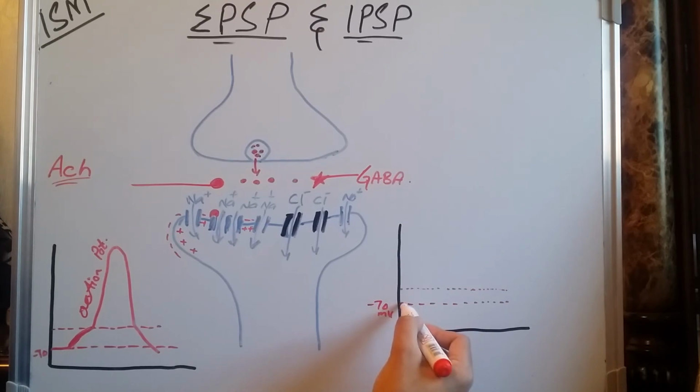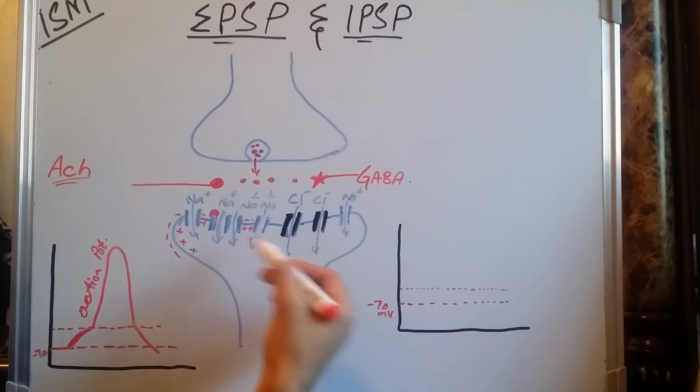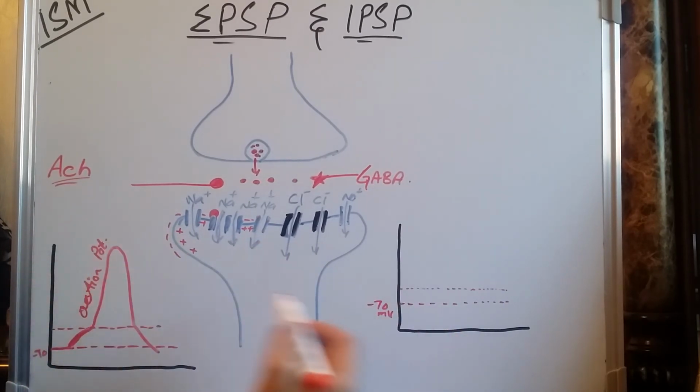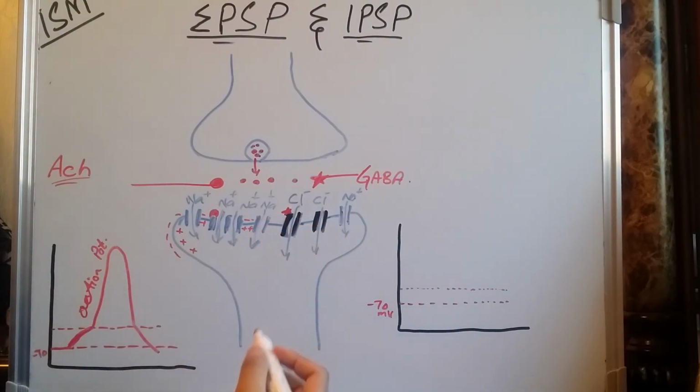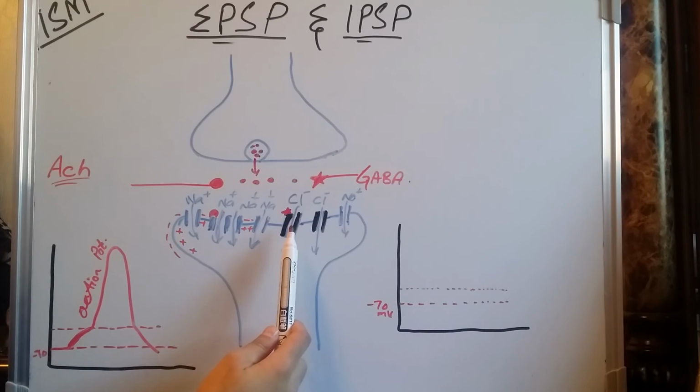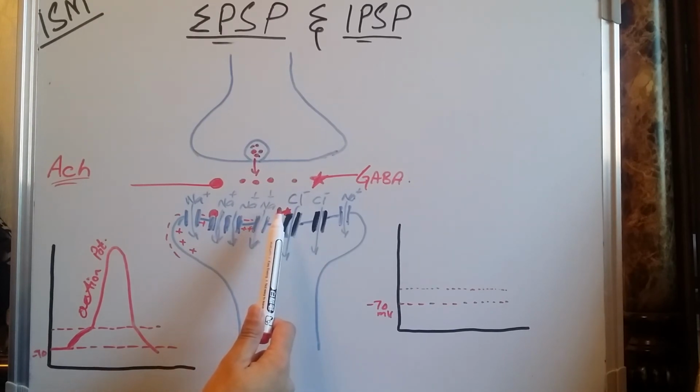Whenever acetylcholine reaches here and is received, the membrane depolarizes to the threshold and generates an action potential. Whenever GABA reaches here, these neurotransmitters are accepted by the gates which are for the chloride ions.